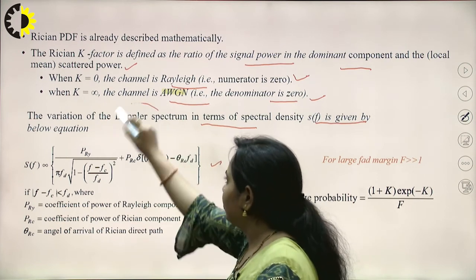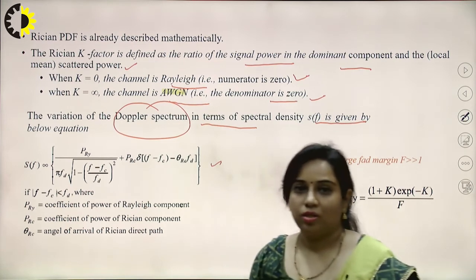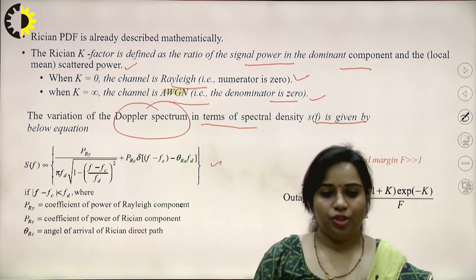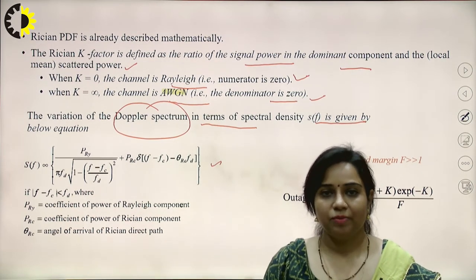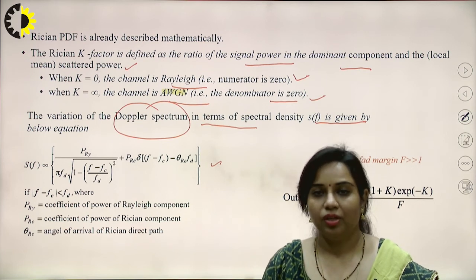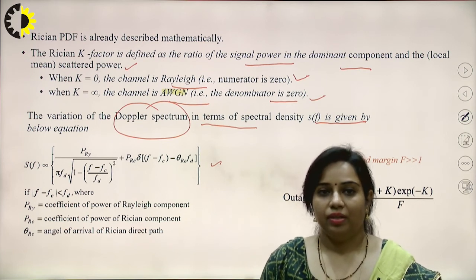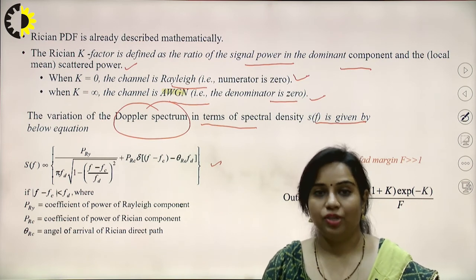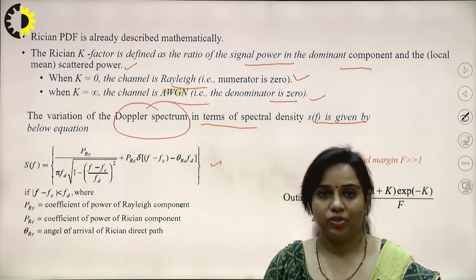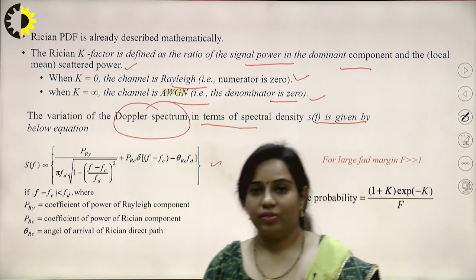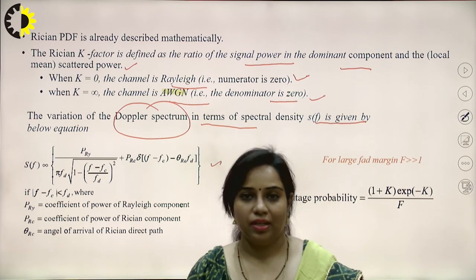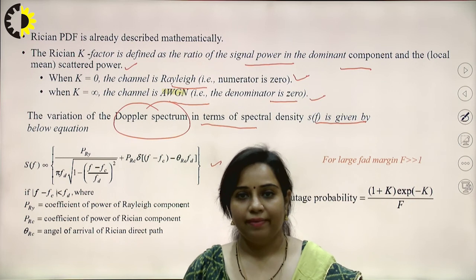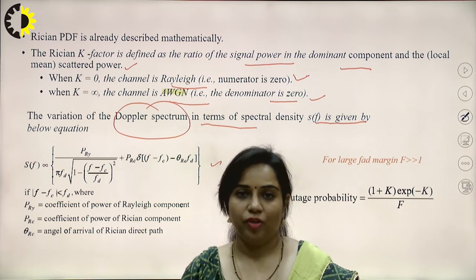Now why are we considering this Doppler spectrum? Since we are talking about wireless communication, the transmitter and receiver are both moving most of the time, and a wireless channel has been set up between the transmitter and receiver. When the receiver is moving, there will be two possibilities: either it is moving towards the transmitter or it is moving away from the transmitter.